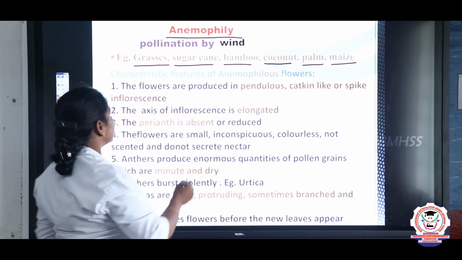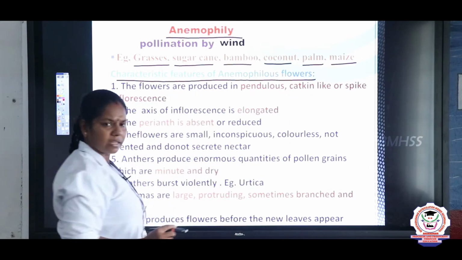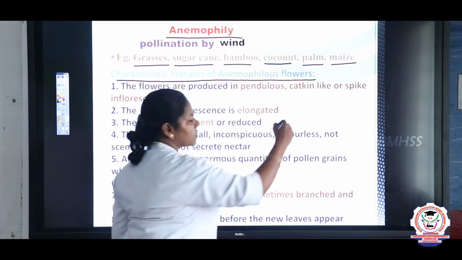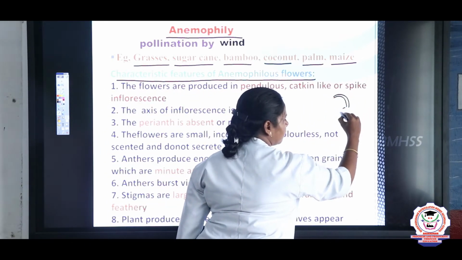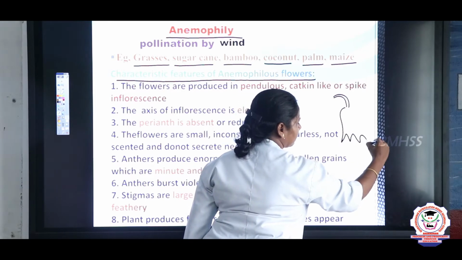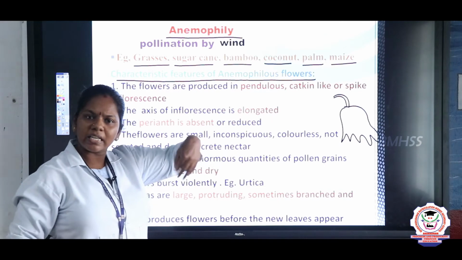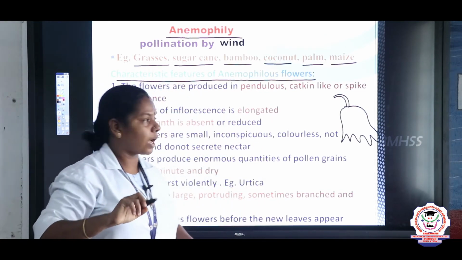And now let us see the characteristic features of the anemophilous flower, right? Anemophilous flowers are pendulous. What do you mean by pendulous, children? Mostly of hanging type. For example, if this is a peduncle, the flower is of hanging type like this, so that it easily floats in the wind and the pollen grains are carried away.